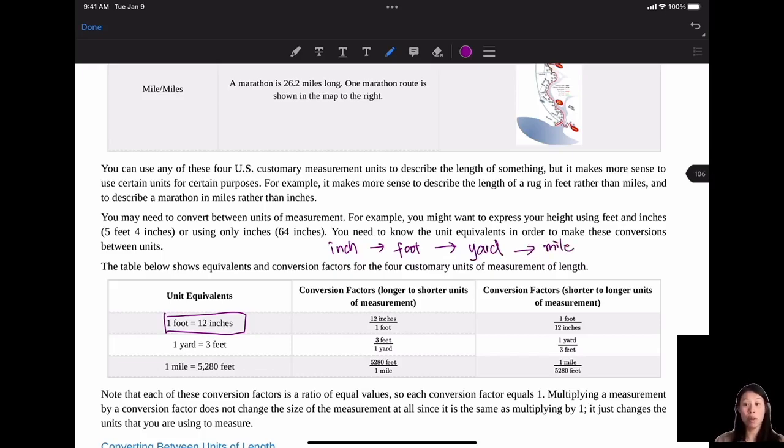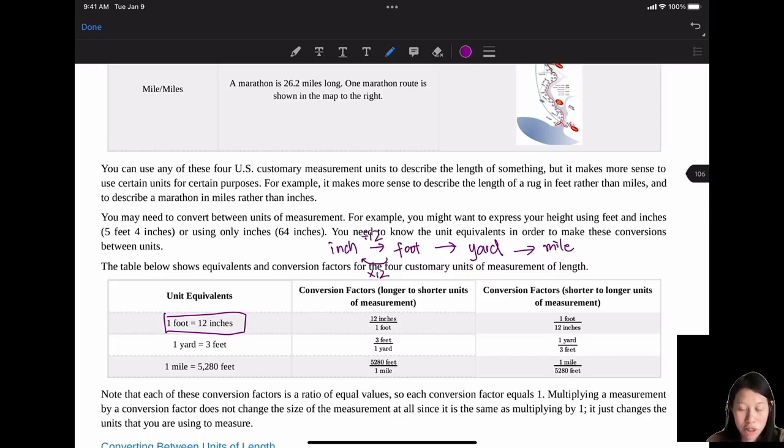So notice that from a small unit to a bigger unit, you need to divide by the conversion factors. From a bigger unit to a smaller unit, you need to multiply by the conversion factors. So for example, here 1 foot equals 12 inches. That means from foot to inches, you want to times 12. If you're doing the opposite, from inches to foot, you want to divide by 12.